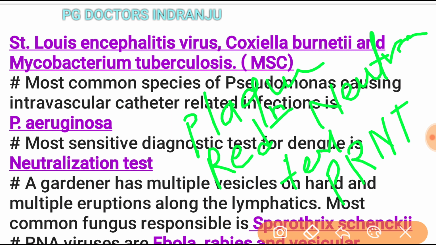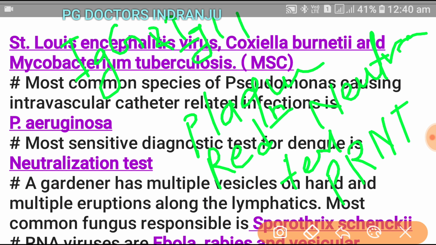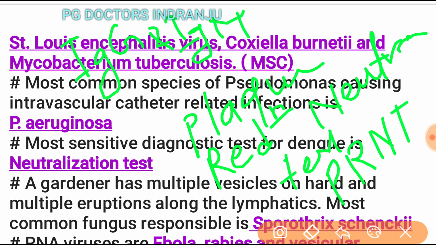Other tests for dengue are IgG and IgM, which are usually done.